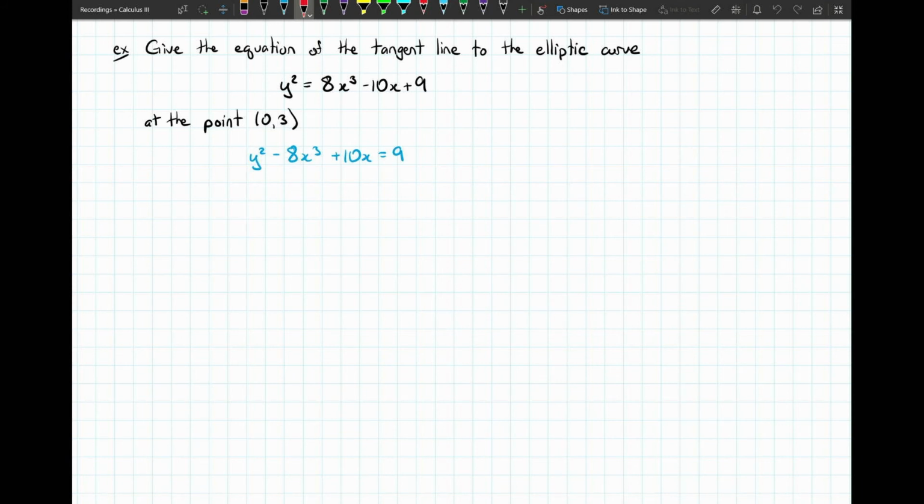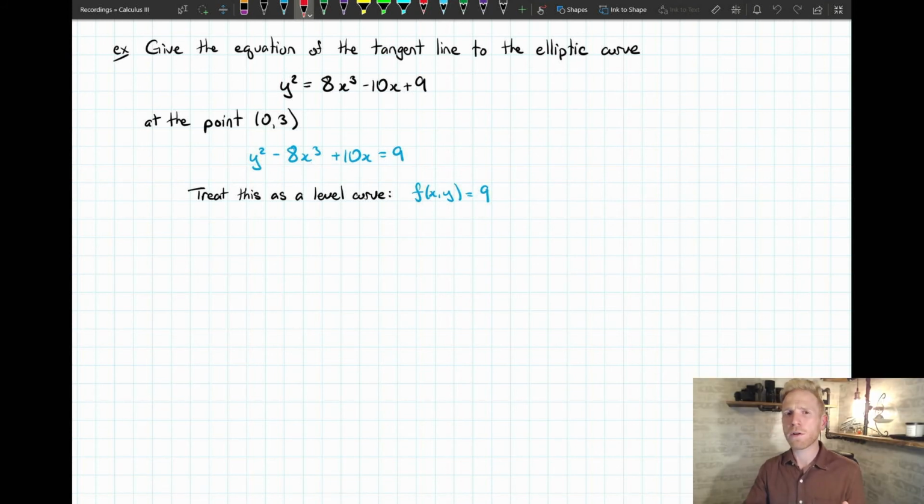That'll be our k, and now we can treat this as a level curve of a 2-variable function. This is literally just f of x, y equals 9, where f of x, y is y squared minus 8x cubed plus 10x.